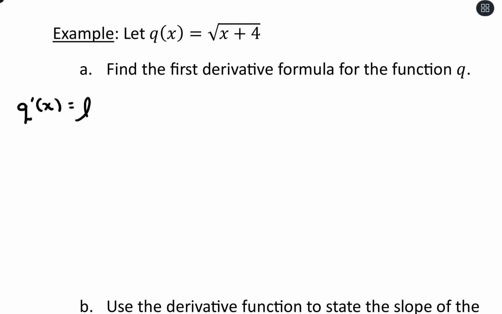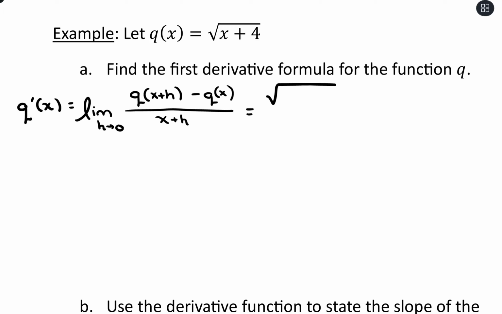So we're going to look at the limit as h approaches 0, q of x plus h minus q of x, all over h, equals, so we're going to have the square root of x plus h plus 4 minus root x plus 4.